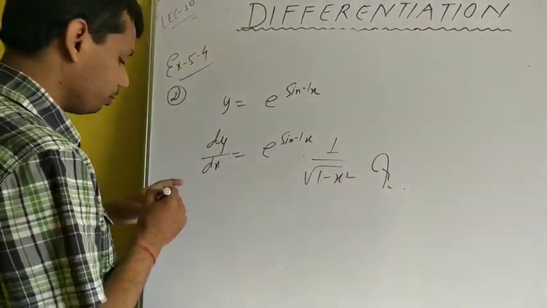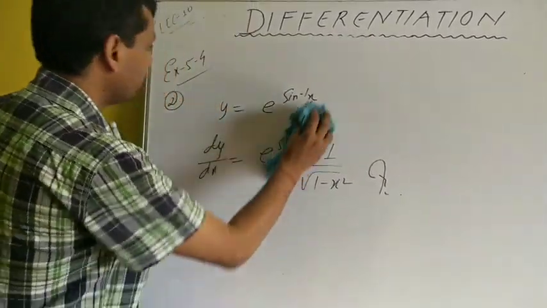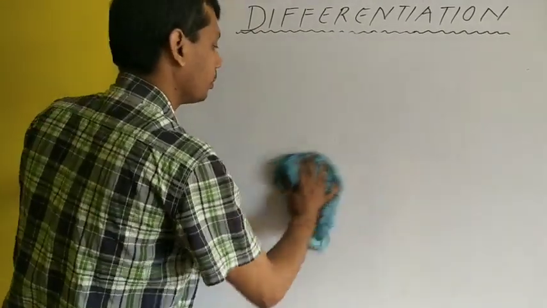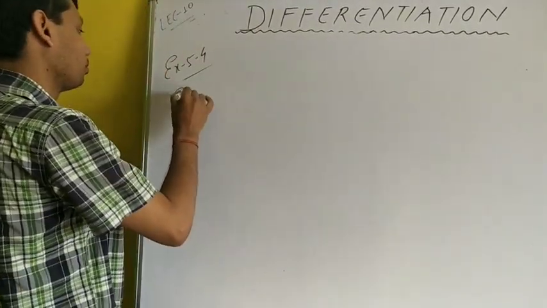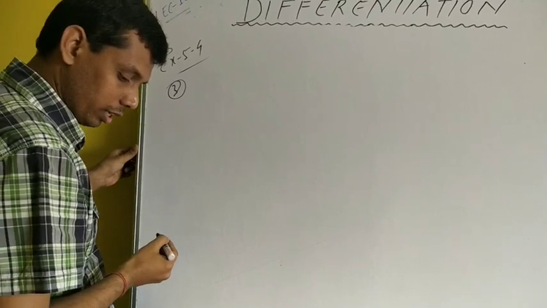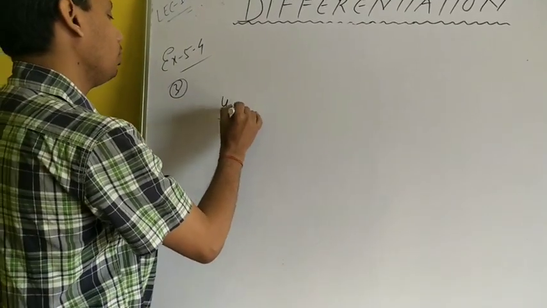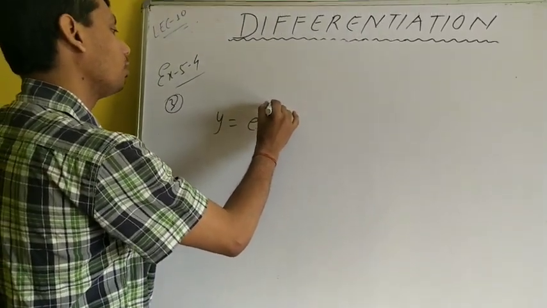Okay. Now, next question number 3. In question number 3, it is given that y is equal to e to the power x cube.